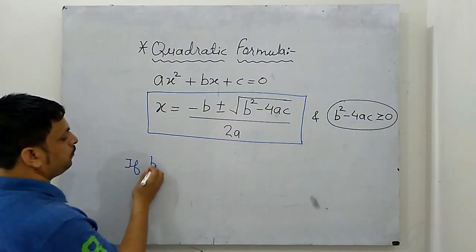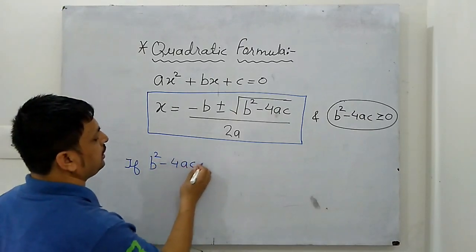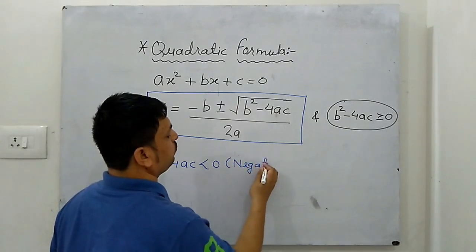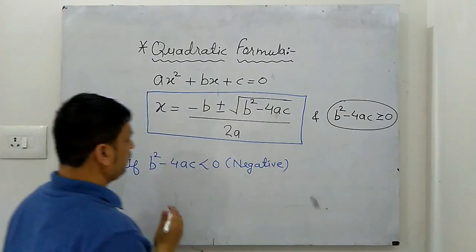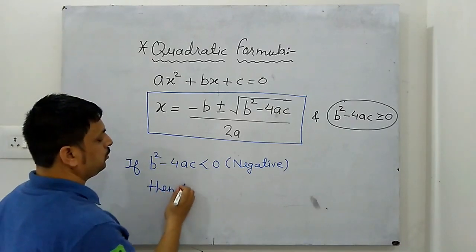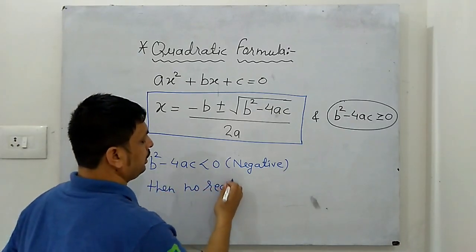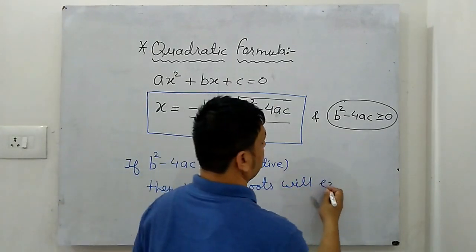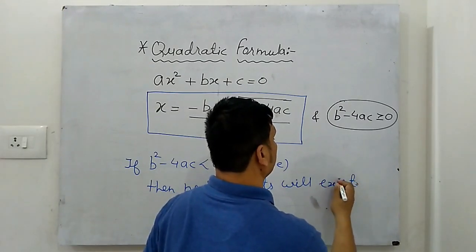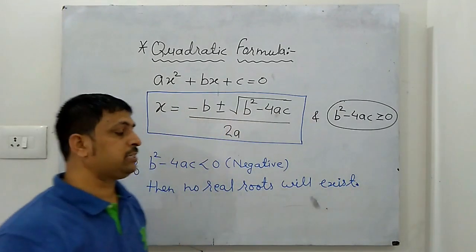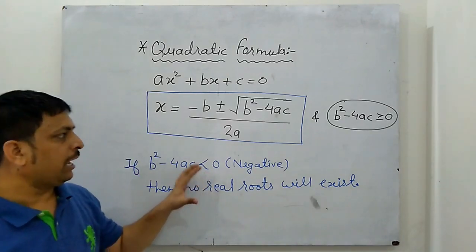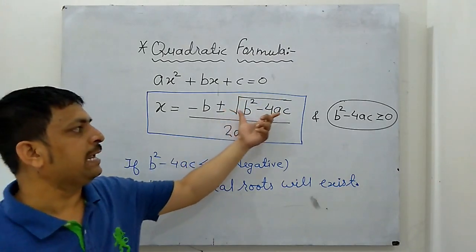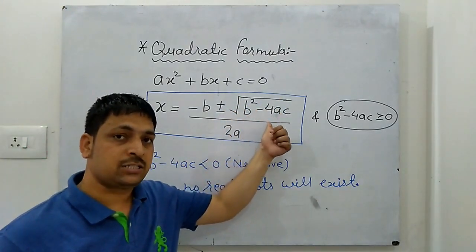if b square minus 4ac is less than 0, that means the value of b square minus 4ac is negative, then no real roots will exist. So if the value of b square minus 4ac is negative, then we cannot apply this formula, because there cannot be a negative sign inside the square root.